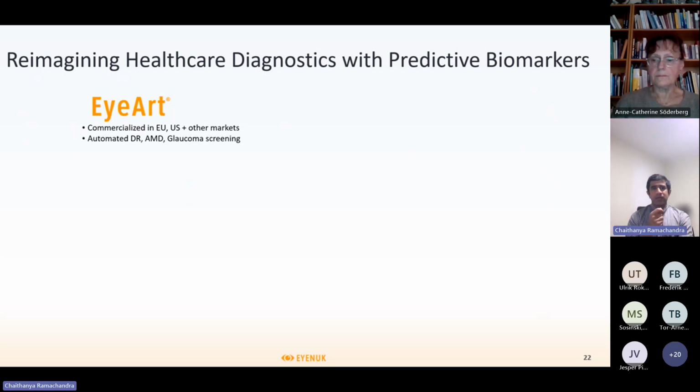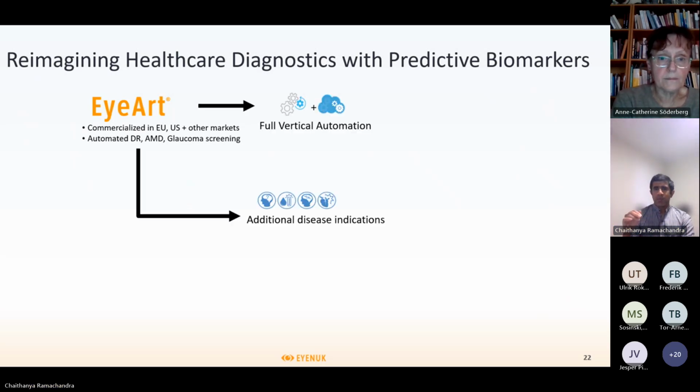Finally, I want to leave you with the way we are thinking about predictive biomarkers based on retinal imaging. Right now, we have IART that's been approved for automated DR, AMD, and glaucoma screening. We have full vertical automation.